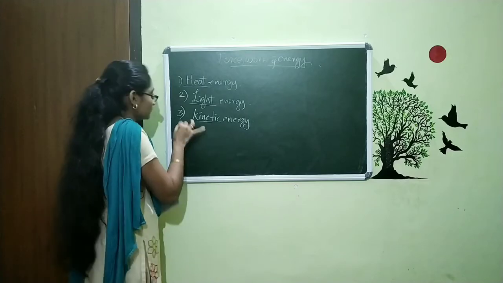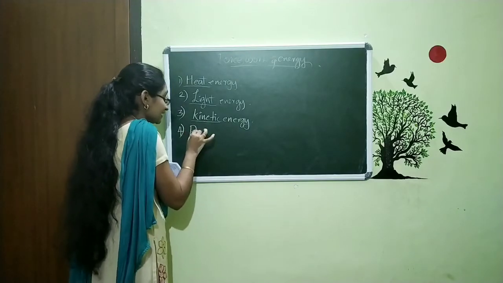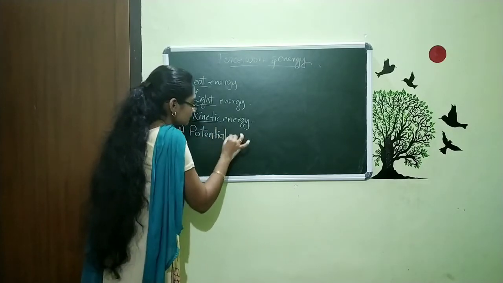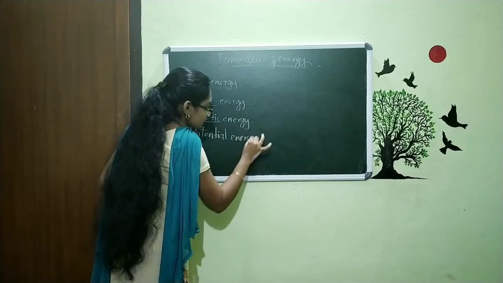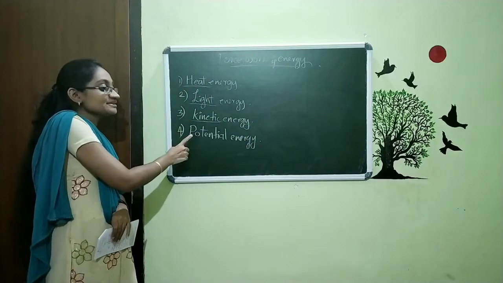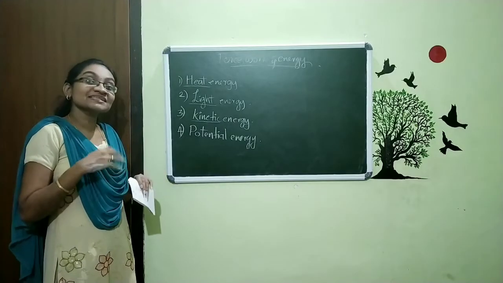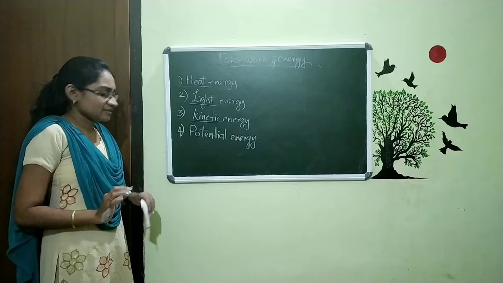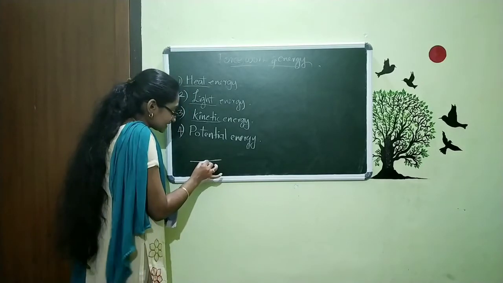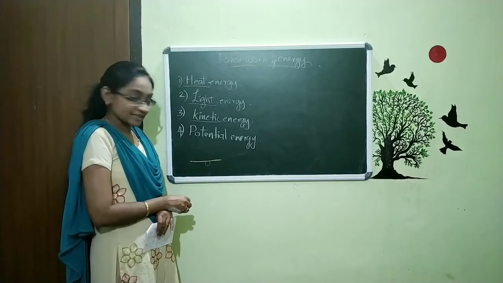The fourth one is potential energy. This potential energy is the energy that is gained by the position of an object. Position. That means this is the ground level, and when an object is on the ground, it has no potential energy.